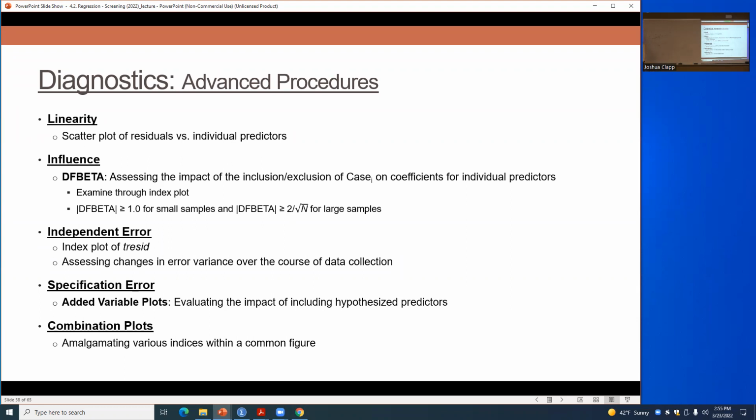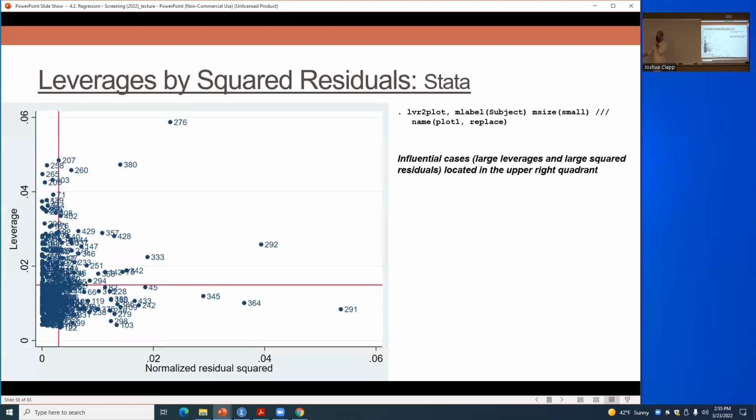And then combination plots. We're going to work through a couple of these. These are really nice because we've talked about leverages, discrepancies, and influence points all separately, but these combination plots put everything together in a common plot to identify cases that are potentially problematic. This is a plot we can request in Stata.